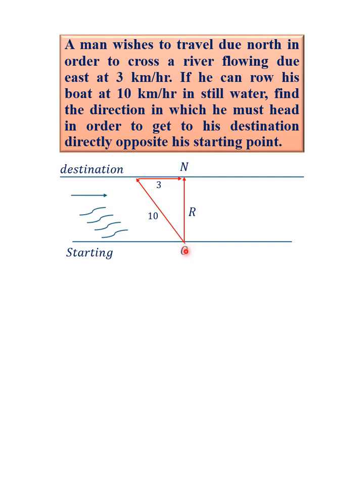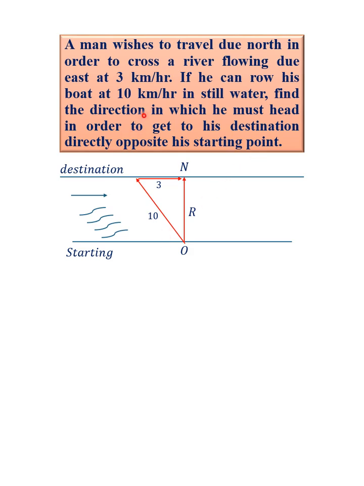Now we are told that in this direction the man is going at a speed of 10 km per hour in still water. So he goes this way at 10 km per hour. Now, we don't know if he should actually go like this or go farther away or go closer to the north. We don't know the actual direction he must head, and that is what the question is asking.